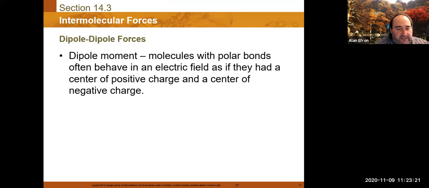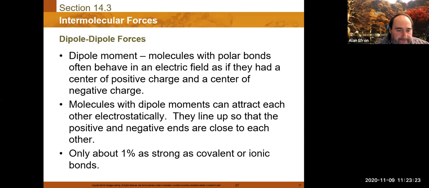So looking at our first type of intermolecular force, that is what is sometimes referred to as a dipole-dipole force. If you remember dipoles, we came across them when we were dealing with polar molecules.